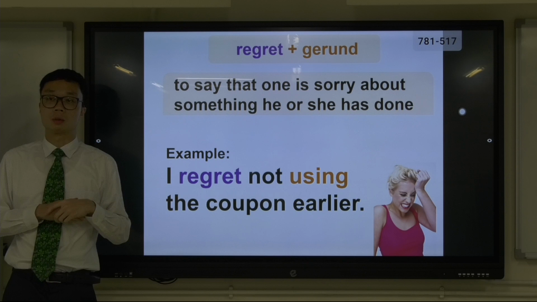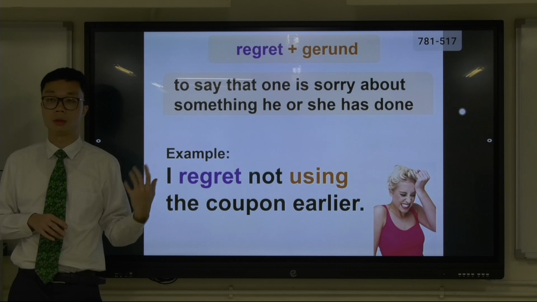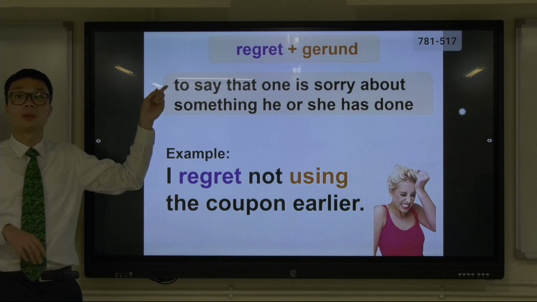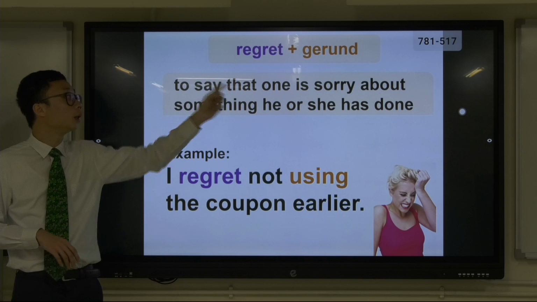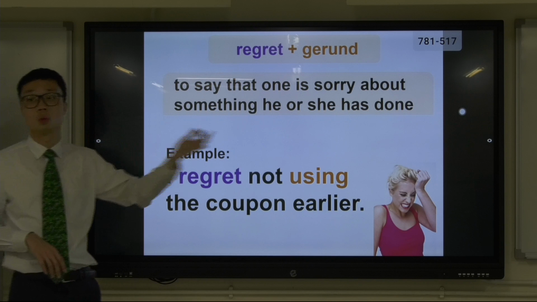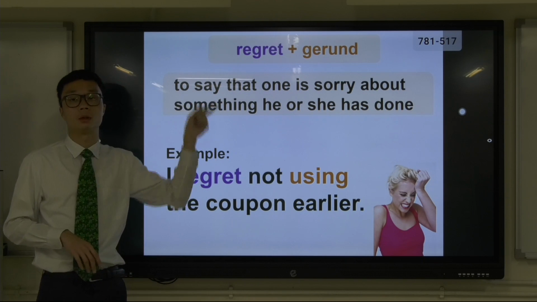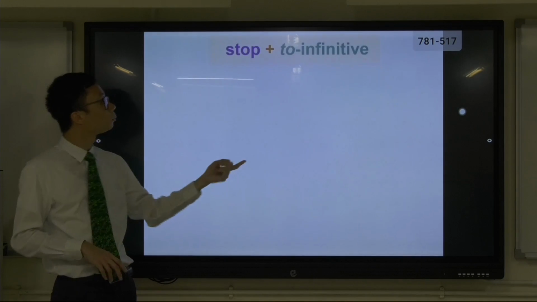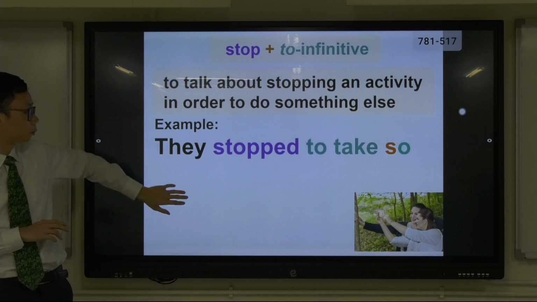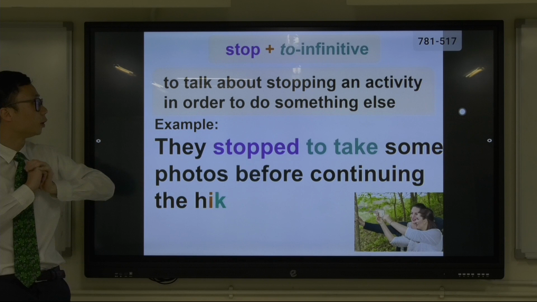So the coupon is already expired and you regret that you didn't use it earlier, if you put it into the previous context. So if someone feels regret about something they have done, regret with gerund and regret with to infinitive are different. Okay.